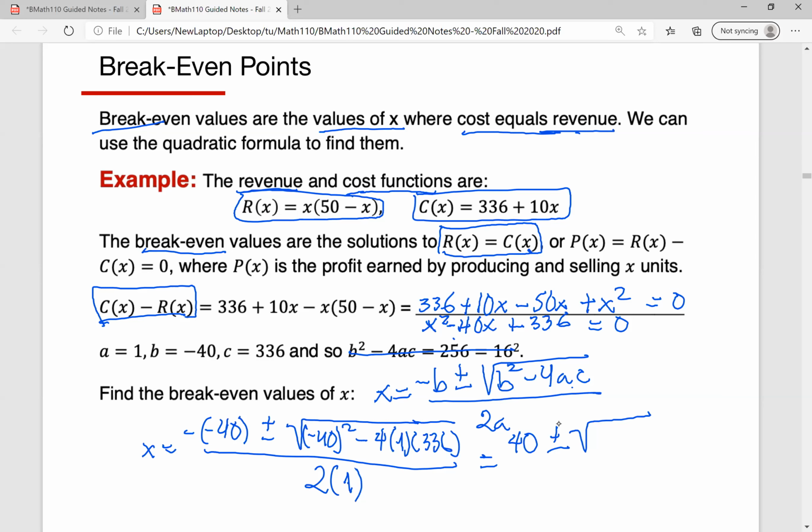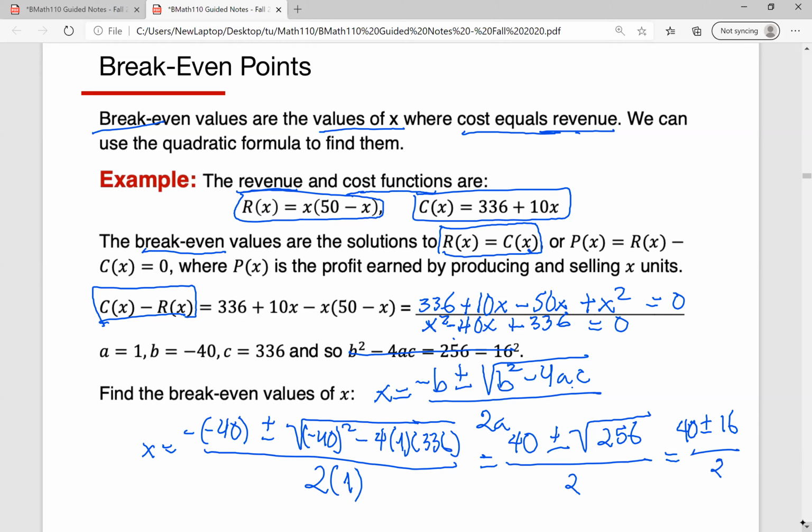One more time: 40 squared minus 4 times 336. So I got 256, over 2. And then I will take the square root of that. It's going to be 16. So I have 40 plus and minus 16 over 2.